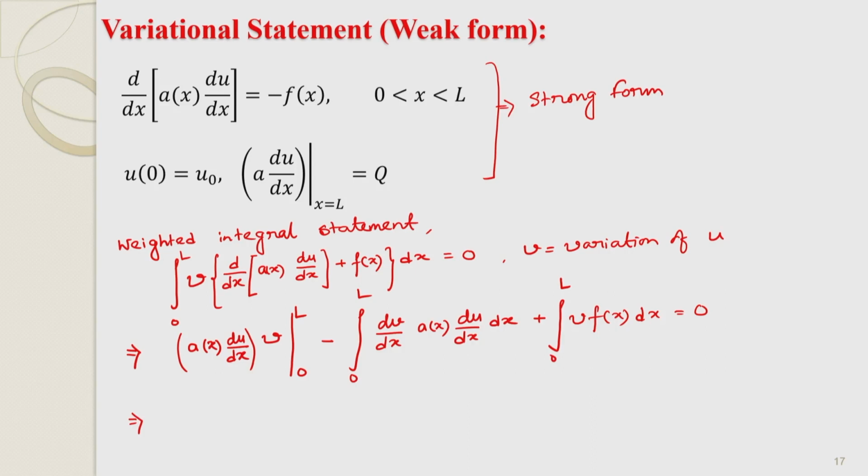So, v is 0 at x equal to 0, and at x equal to L the other boundary condition is prescribed, that is q. So, this will be q and the value of v at L. The other boundary term is 0 because u is prescribed at x equal to 0.